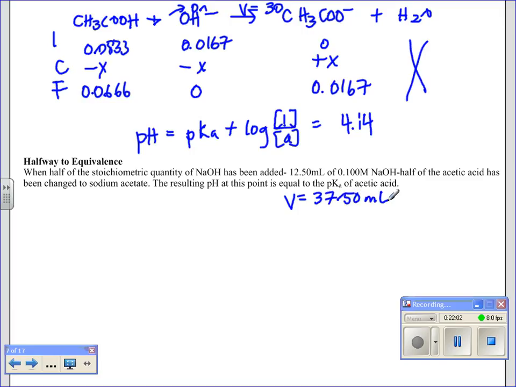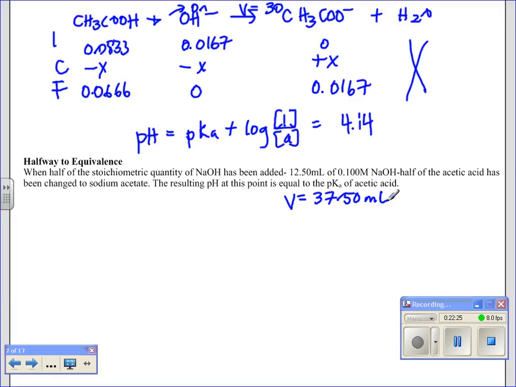This is the point when half of the vinegar has been neutralized. So we started with 25 milliliters of the acid at 0.1 mole per liter, and that is half neutralized when we've added 12.5 milliliters of sodium hydroxide of the same concentration.